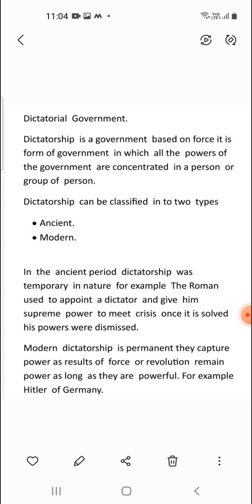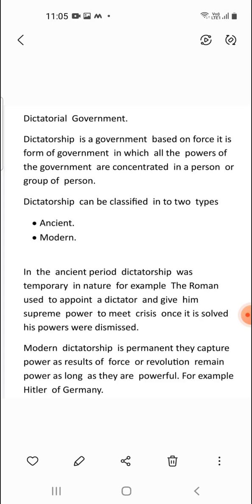Now let's look at the basic features of the dictatorial government. First one, the state is absolute. In a democratic government, government is for the people, but here the state comes first and the people later. In a democratic government, we get rights, equality, liberty, and fraternity.